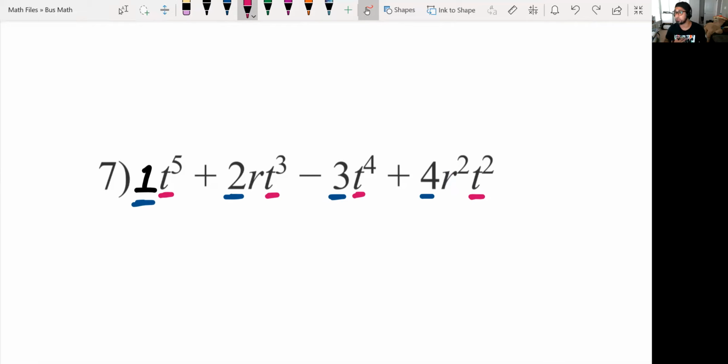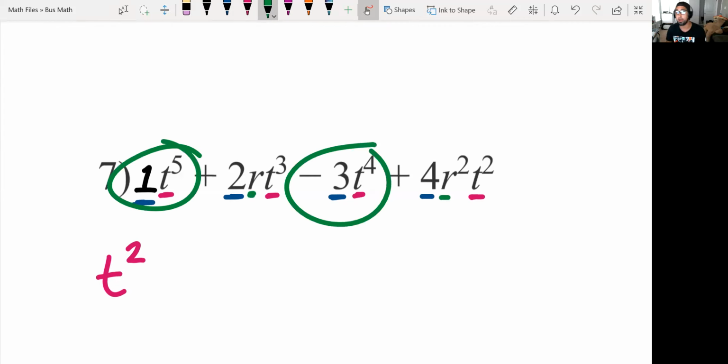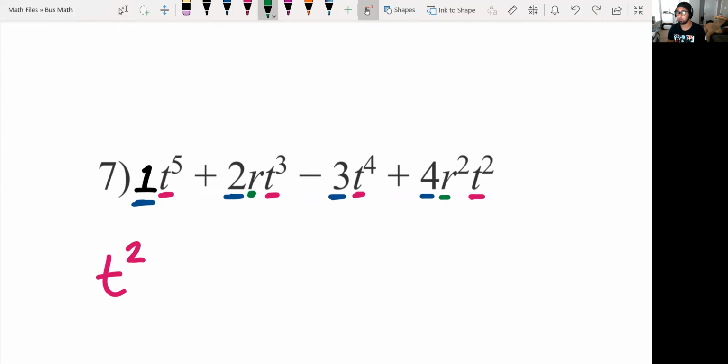So we can only take out the smallest power of t squared. And then look at your other variables. I have an r and an r, but there's no r here and there's no r there. So actually, our job is really easy right now. The only thing we can factor out is just a t squared.